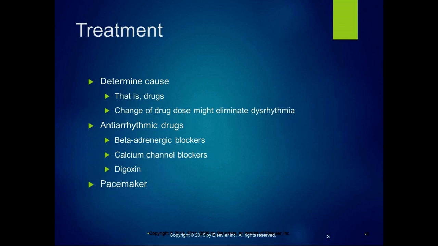There are some different types of anti-arrhythmic drugs that they use: beta-adrenergic blockers, calcium channel blockers, and digoxin, which we talked about in a previous section. A lot of times those are used for preventing arrhythmias. If an arrhythmia cannot be kept in check by medications, a lot of times someone needs to get a pacemaker implanted.